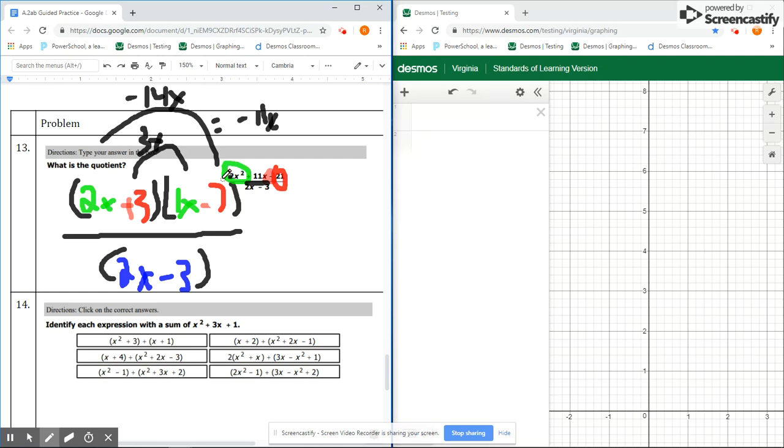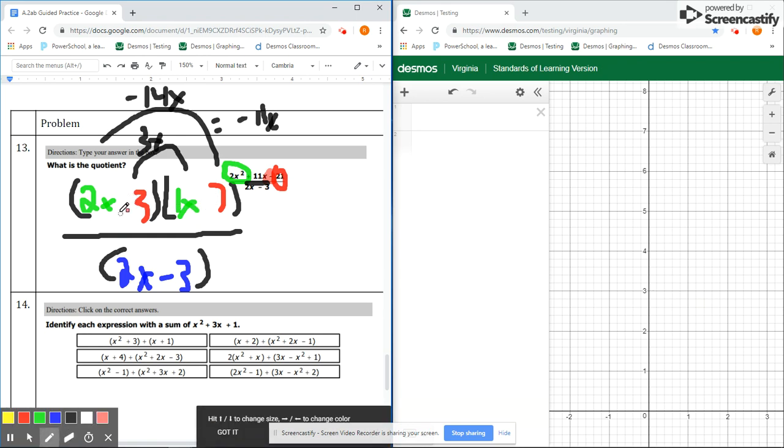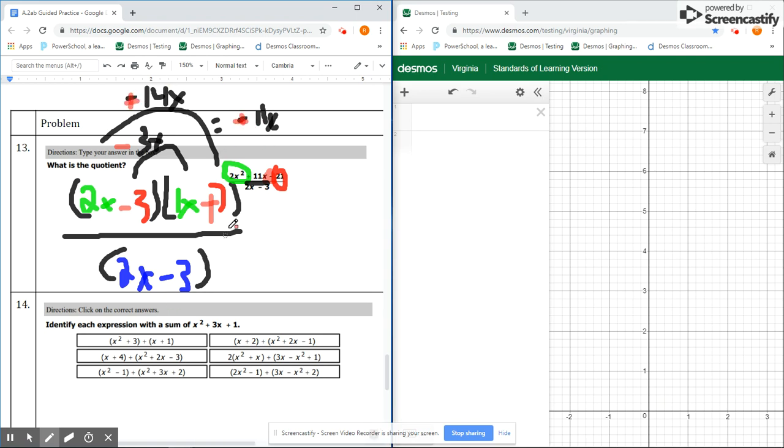Okay, that's very close. We want positive 11x and we got negative 11x. So the easy thing to do would just be to switch these signs here. All right, let's switch the signs. Let's put a minus and a plus. All right, and that's going to give us negative 3x and positive 14x. And those two numbers add to positive 11. That's what we want.